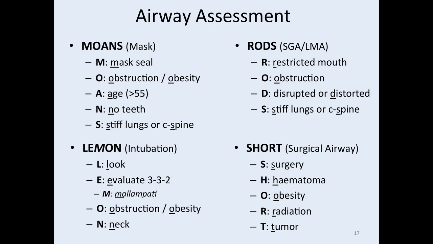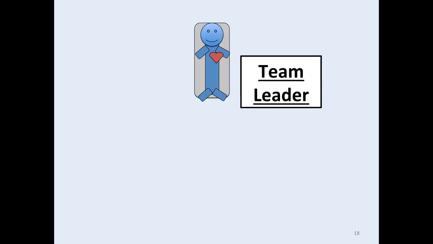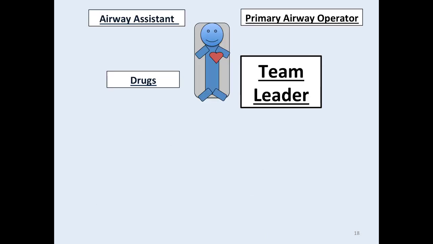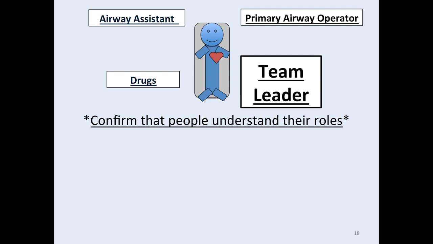So again, our team leader and our primary airway operator, our airway assistant, and our drugs, they need quite a bit of communication. And much of this communication can happen before the patient arrives.